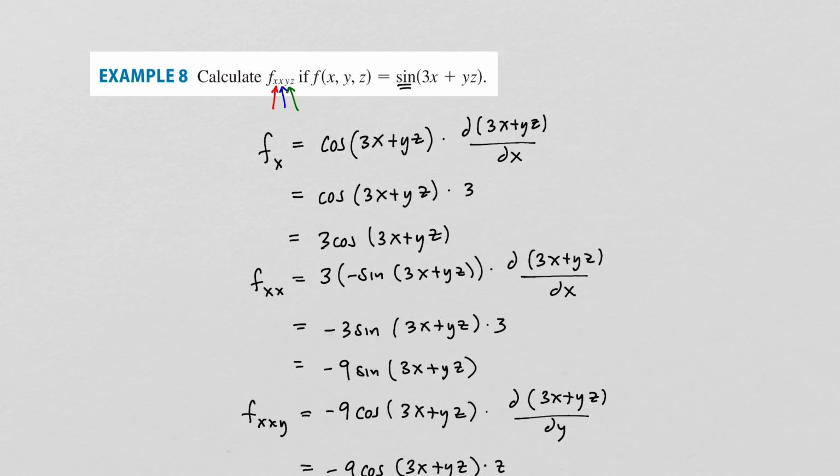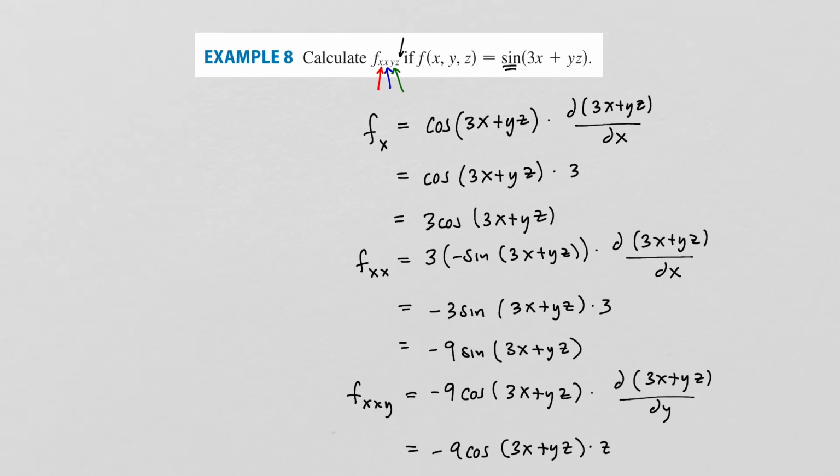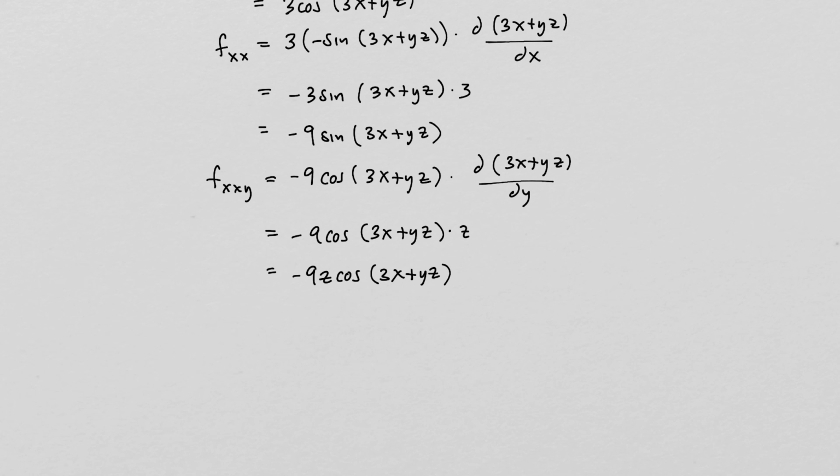And finally, our last derivative is with respect to z. So we are going to go to this one now and take its derivative with respect to z. Now here, this is a little bit more complicated because you can see we have a function of z here and we also have a z in here. So we have a product of two functions.